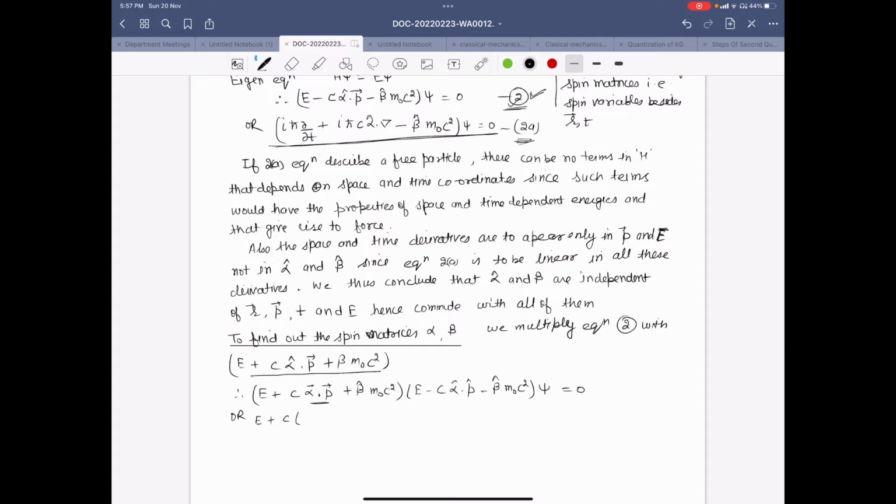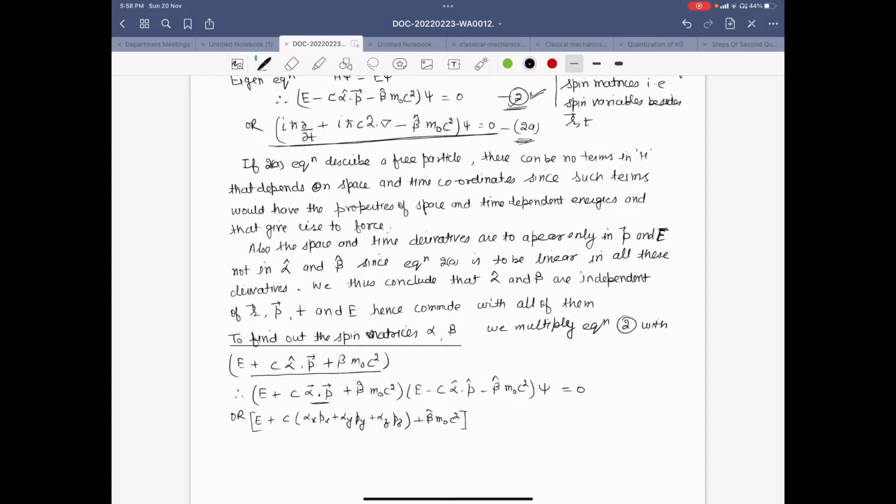So we write down E plus C alpha x Px plus alpha y Py plus alpha z Pz plus beta M naught C square.